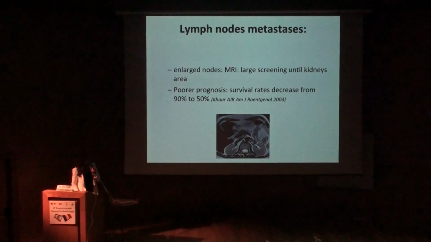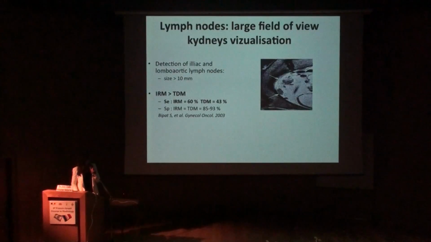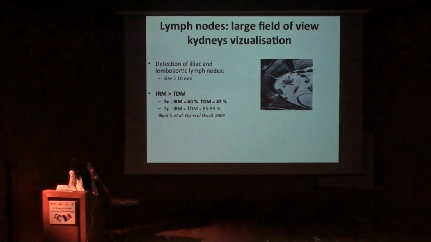The presence of metastasis is correlated to the presence of extension to the lymph nodes. So the third message is that you have to perform a large field of view, and you have to say whether there are lymph nodes in the lumbar-aortic areas.